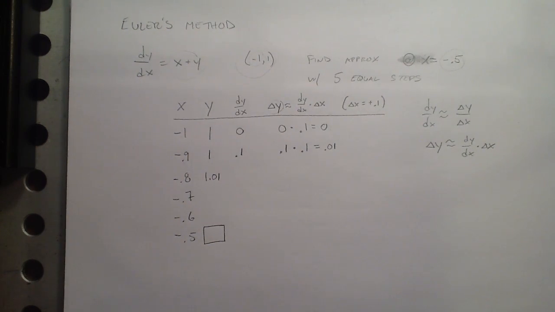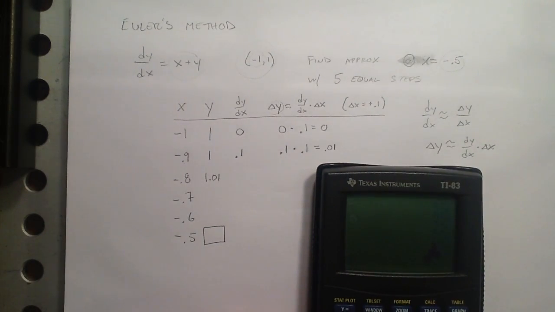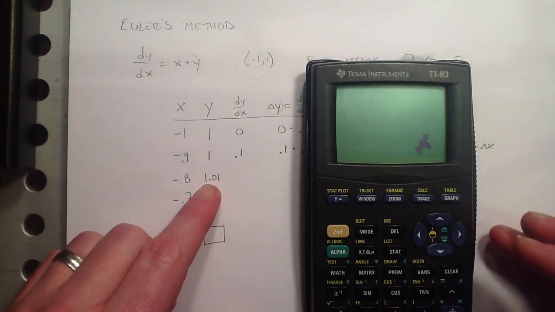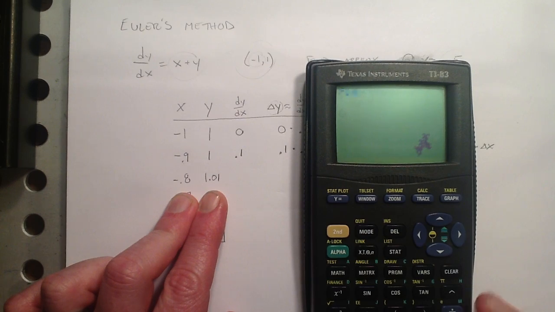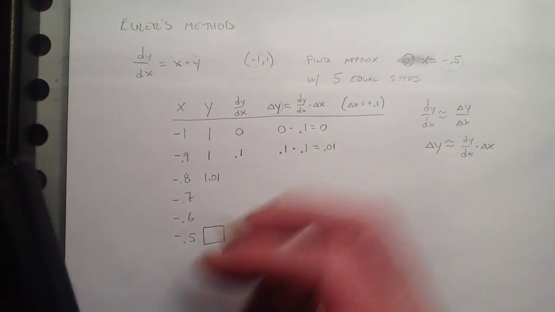Now, adding those values together to get my new slope, I have -0.8 plus 1.01. My new slope is now 0.21.